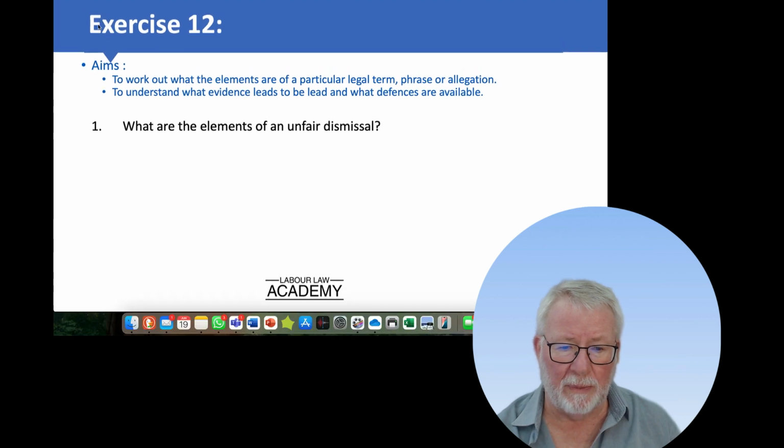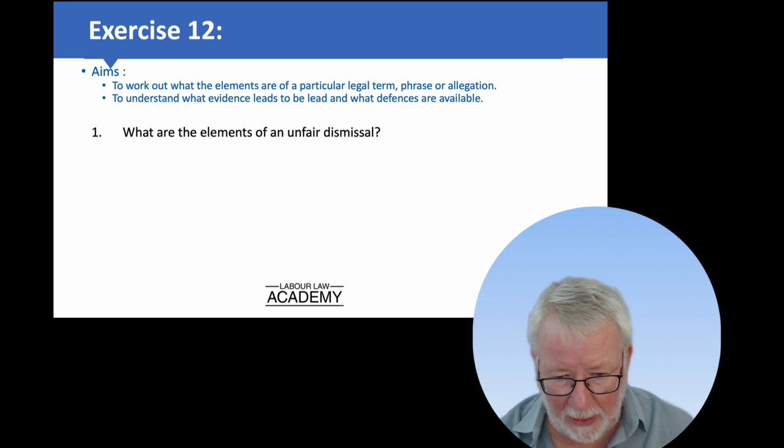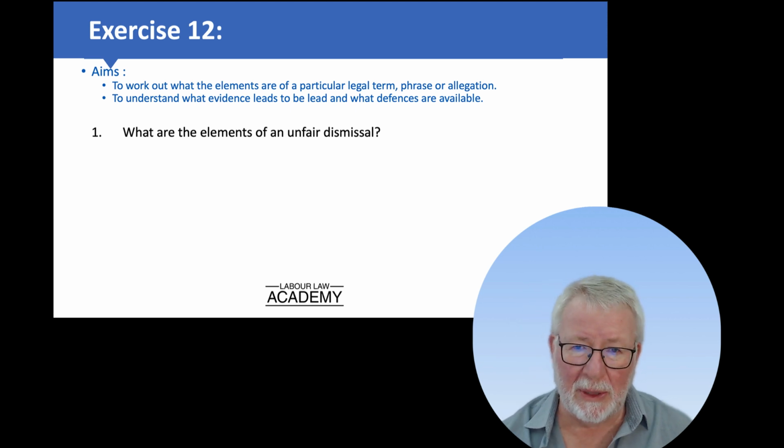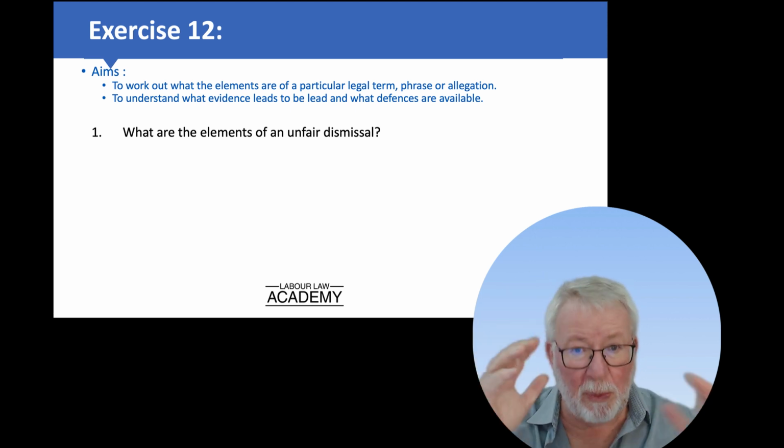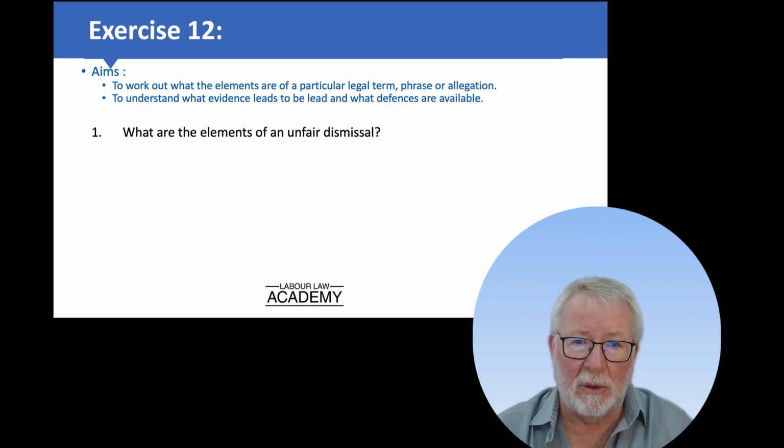Right, so there we go. Question. What are the elements of an unfair dismissal? Okay. What are the elements? In other words, what has to be proved when you say unfair dismissal?